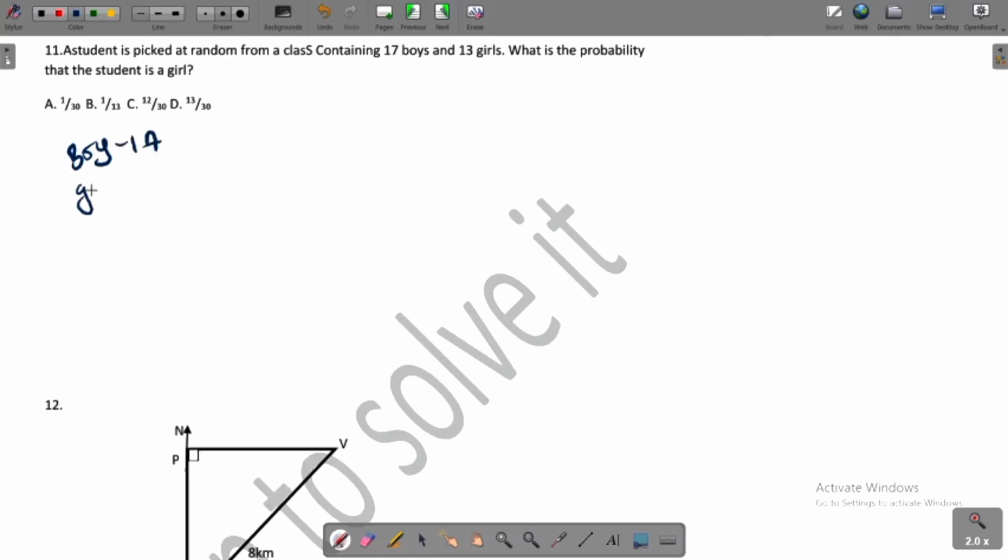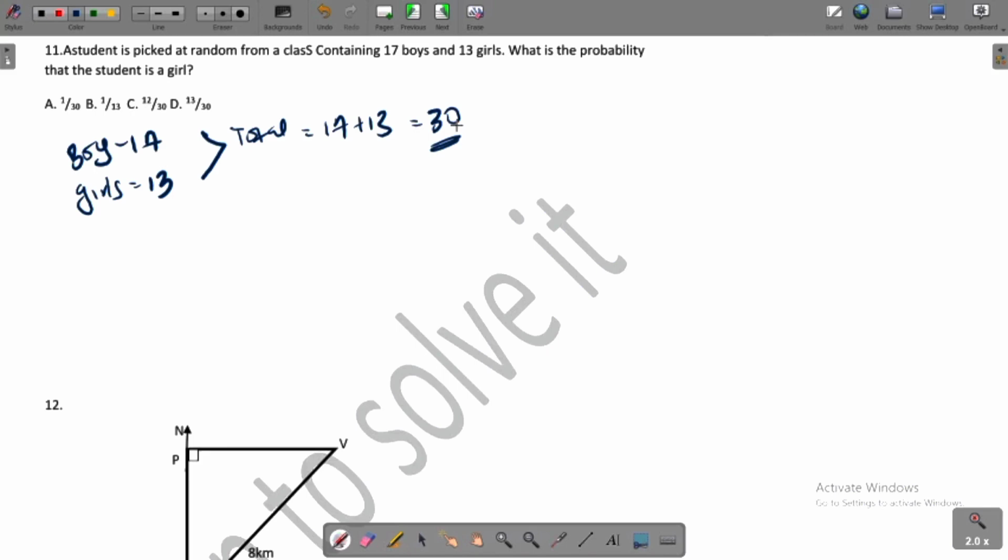You have 13 girls. So the total, 17 plus 13, is 30. Now, you have 30. That's the total possible outcome for all of them.